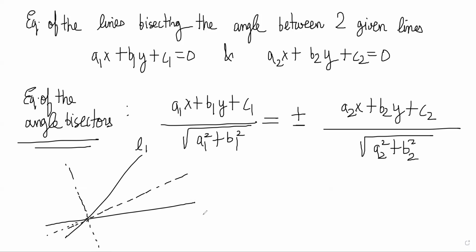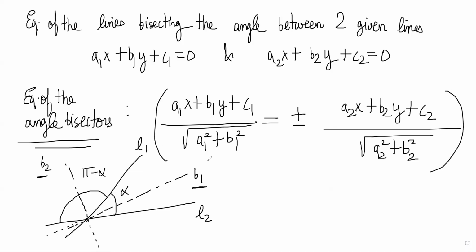This is my required line 1, line 2. You have this angle alpha and this angle pi minus alpha. So bisector 1 is this and bisector 2 is this, right? And I want to represent both the bisector equations, and that's why I get plus or minus here.